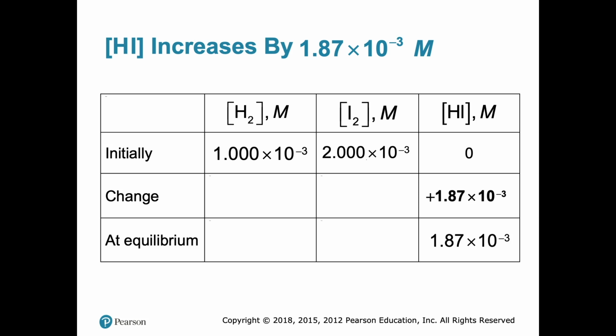So right now I'm going to tell you that when you're doing these ICE tables, this is always reactants right here, and this is always the products right here. And so generally you always divide it down the middle like that. Sometimes there'll be fewer or more reactants or products, but we always divide it down the middle.